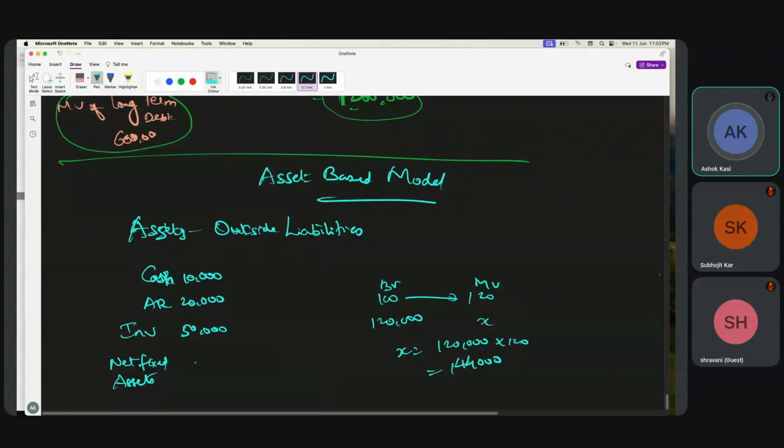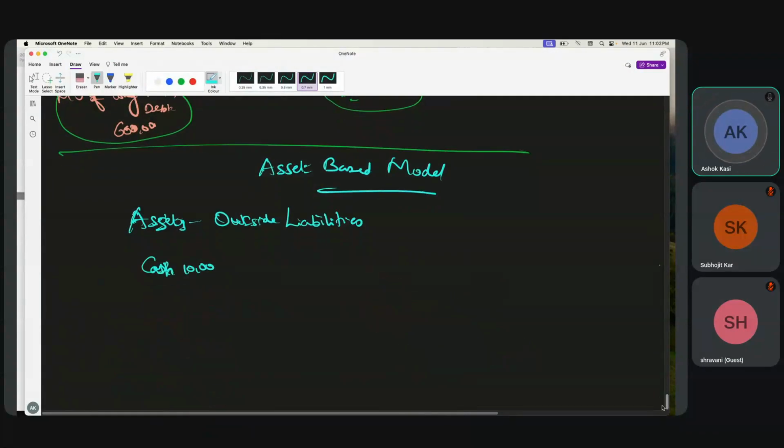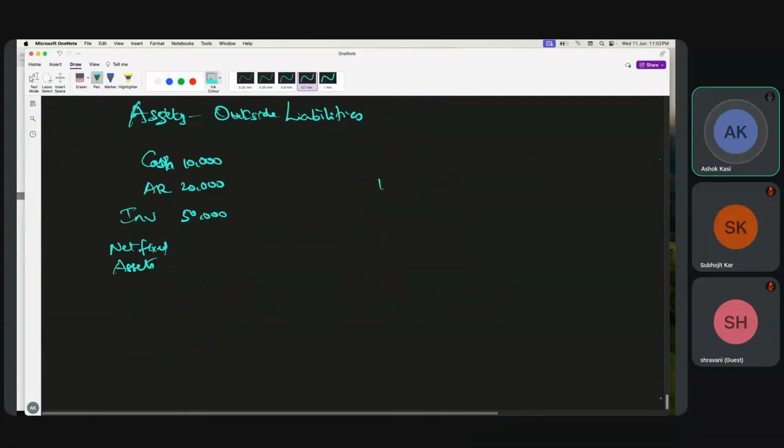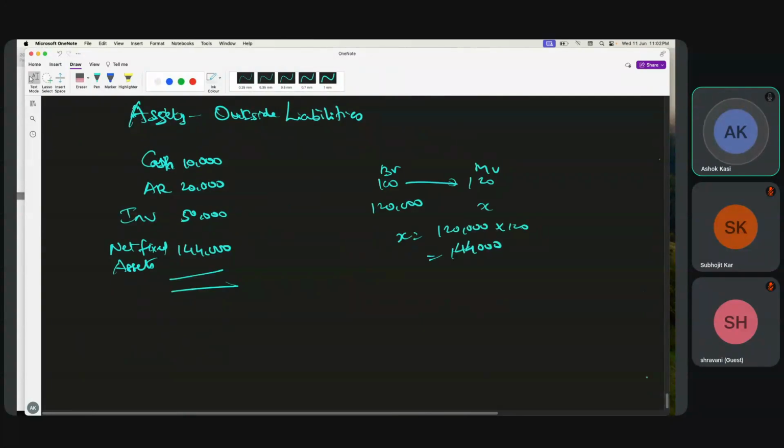So I'll take the market value 1,44,000. This is my total assets. Now you count all this. So it's 224,000. This is the assets we have got.